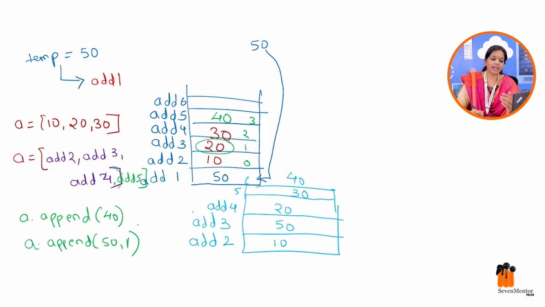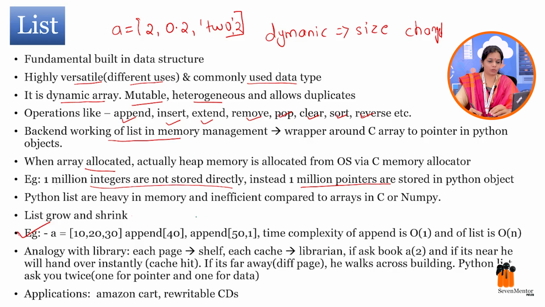So at the back end, or at the hardware level, these operations are performed accordingly. Easy to understand? So we did append 40, we did 50.